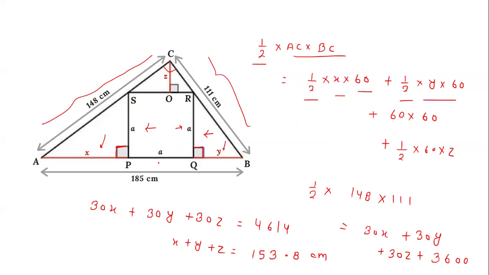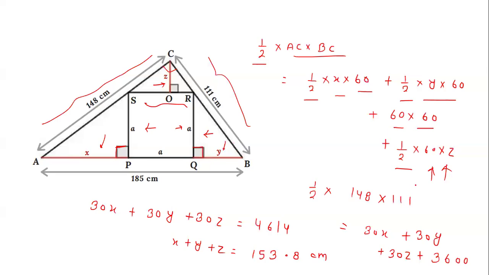And PQRS is a square, so A square, which is 60 times 60. And then CSR, half times this base, which is the side of the square, 60, and this perpendicular height is given as Z in the problem.